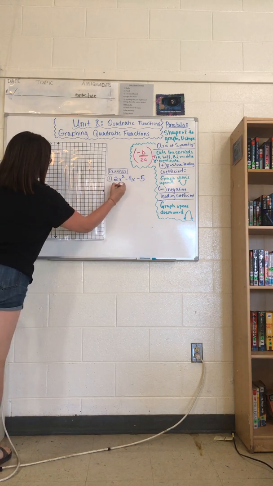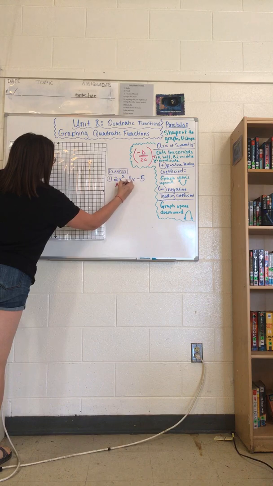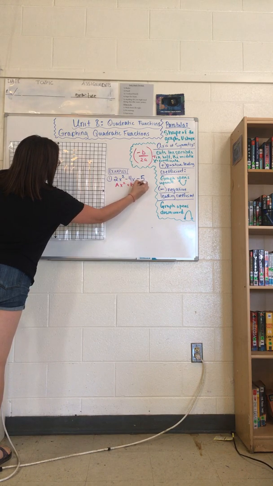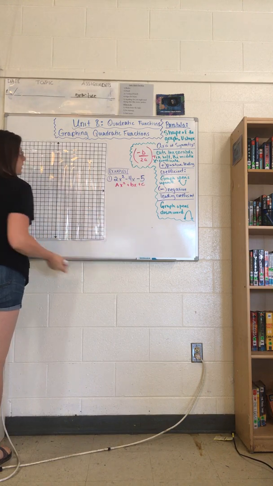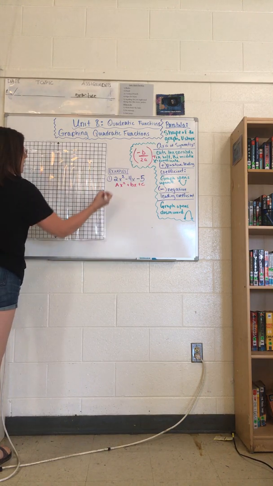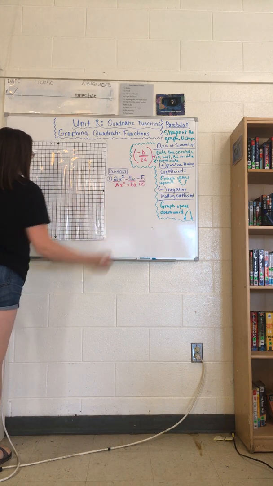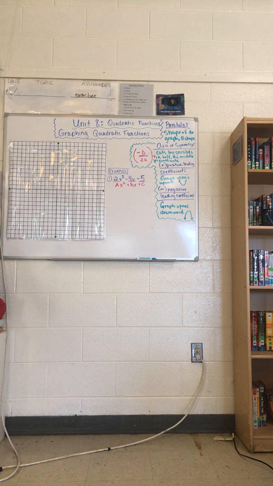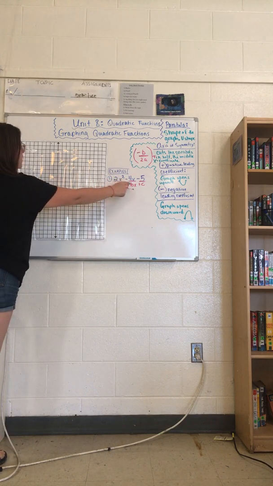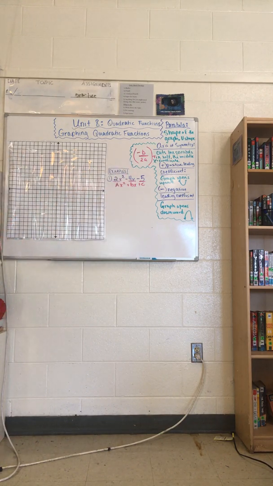Where this is in the form of ax squared plus bx plus c, or minus c, it doesn't really matter. So that being said, this is my a term, that's my b term, that's my c term. So what I do is I take the numbers from this and plug them in to find my axis of symmetry, or the axis that cuts the graph in half, okay?